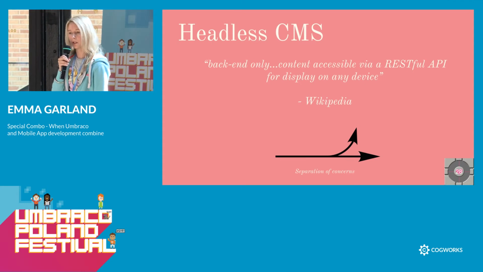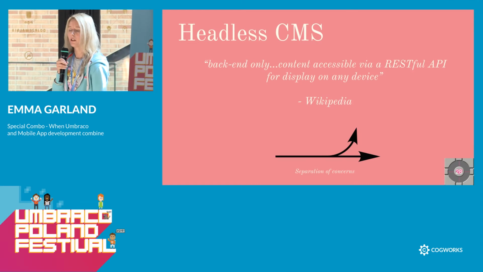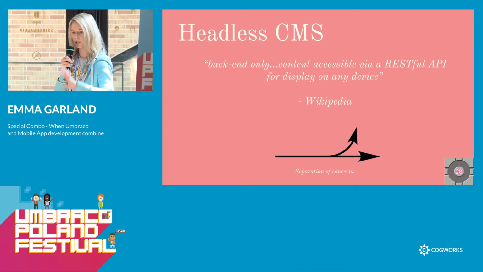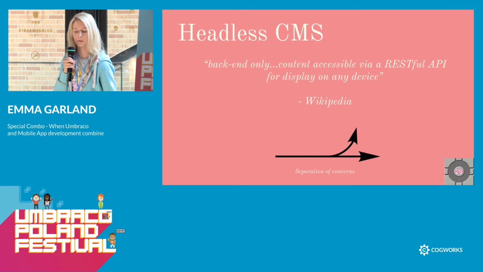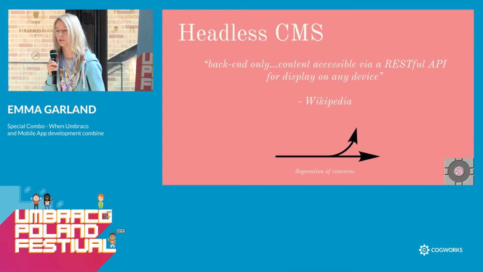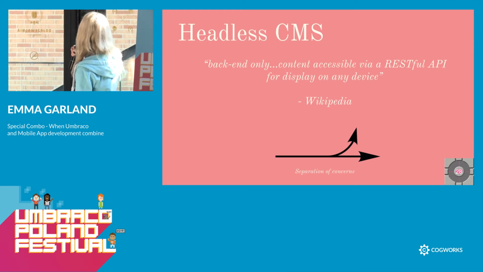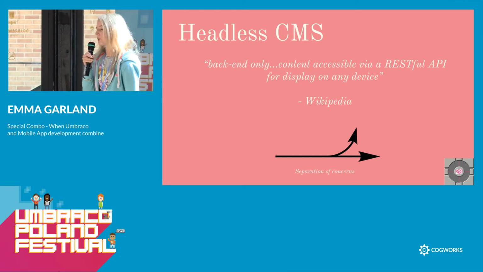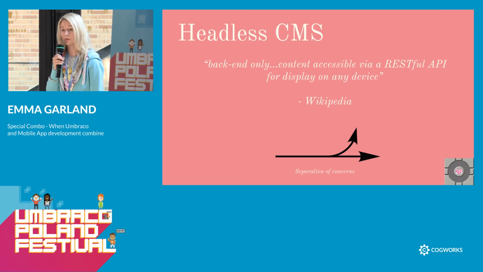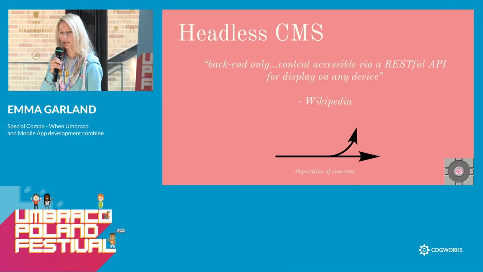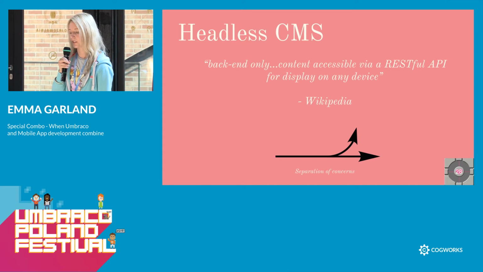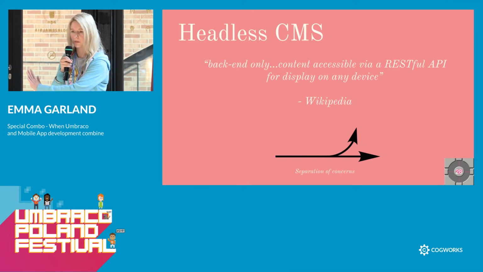With Umbraco, there is a headless beta currently that I'm playing with, and the experience of the back office looks the same, it's anything you're familiar with, normal Umbraco, you're not going to be confused by it. You just don't have as many sections because you don't need the view side of things. And this allows for a separation of concerns, so you can really focus on the content side of things, the CMS side. We don't have to think about how we're going to render this right now.